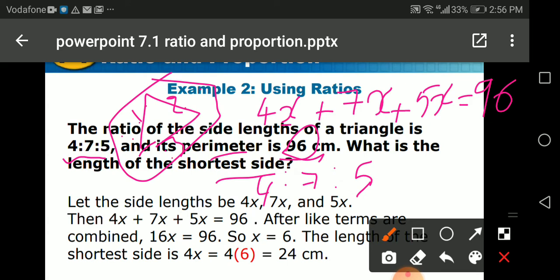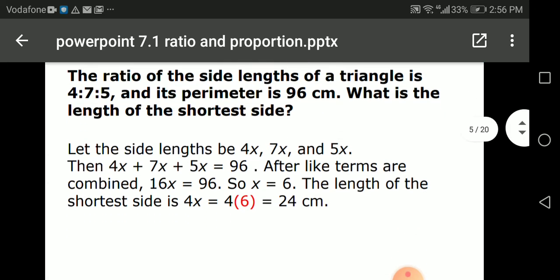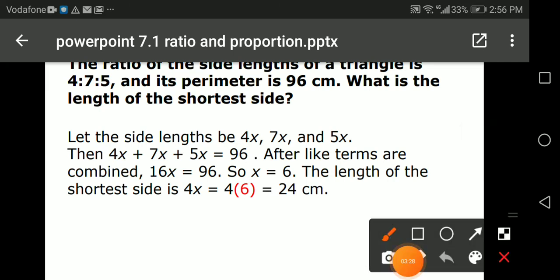The perimeter is the sum of all the sides. If you have side 1, side 2 and side 3, the perimeter is the sum of all sides together, 1 plus 2 plus 3. So it's given like this: 4x plus 7x plus 5x gives me what, guys? Gives me 96.